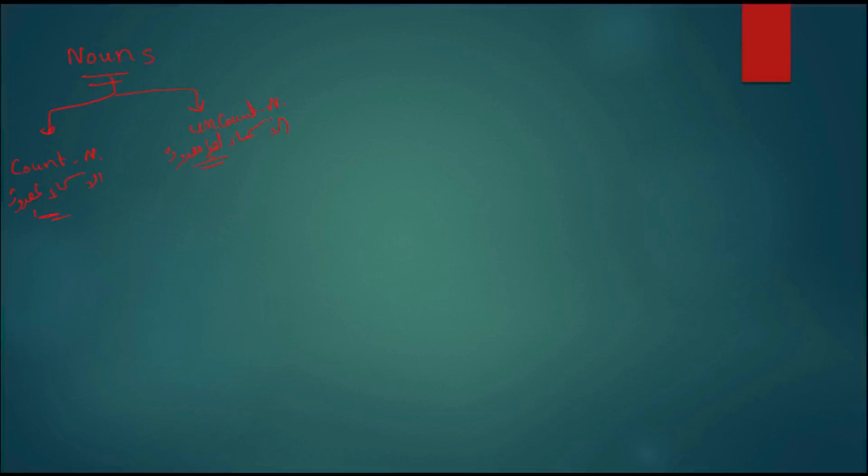So what's the difference between count nouns and uncount nouns؟ احنا عندنا هنا 3 أمثلة للأسماء المعدودة والأسماء الغير معدودة. الأسماء الغير معدودة اللي هي عندنا flour، ودي معناها الدقيق، oil اللي هو الزيت، and cheese اللي هو الجبن. بالنسبة للcount nouns we have tomatoes, peppers and mushrooms.